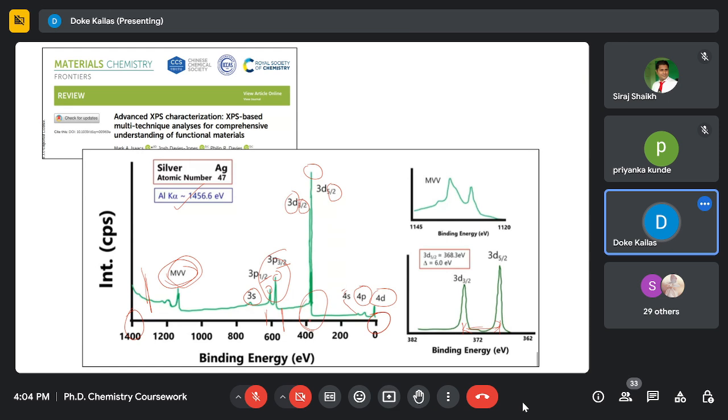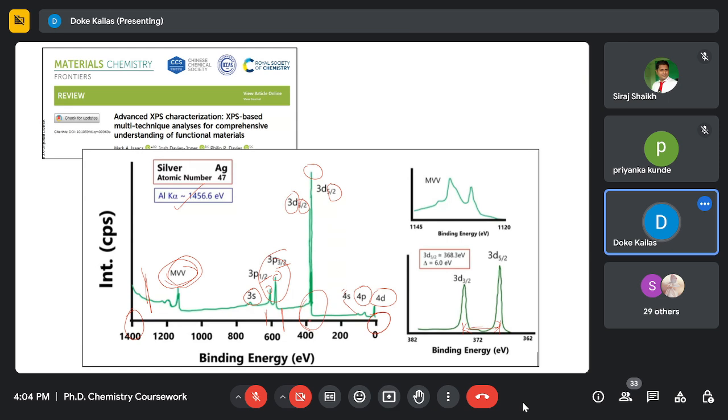Earlier, you might be aware of NMR spectroscopy or Raman spectroscopy or ESR spectroscopy. You are aware of this spin orbit splitting, or we call it coupling. This is a quantum mechanical concept, a physics concept concerned with the orbital angular momentum and spin angular momentum.